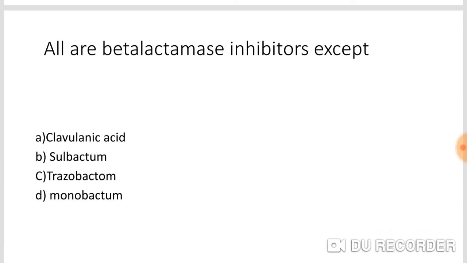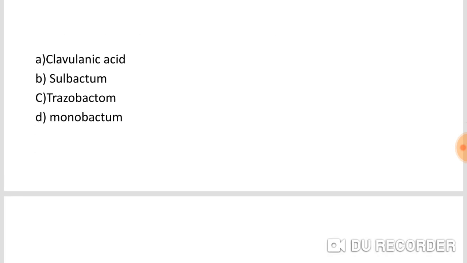Clavulanic acid, sulbactam, tazobactam or monobactam. In this, as you know, clavulanic acid, sulbactam and tazobactam are beta-lactamase inhibitors. Only monobactam is not a penicillinase inhibitor because it is a newer beta-lactam antibiotic. It is not a beta-lactamase inhibitor, but it is resistant against the beta-lactamase enzyme.